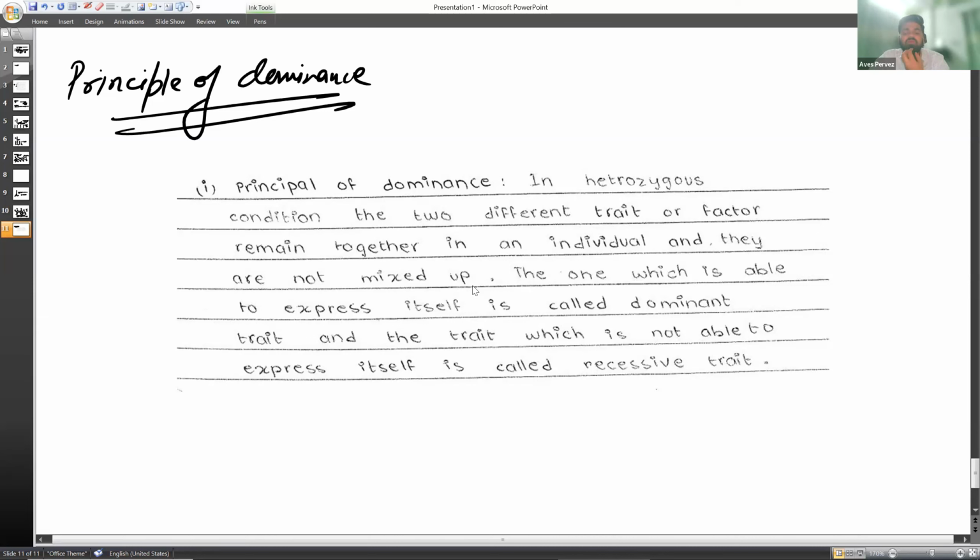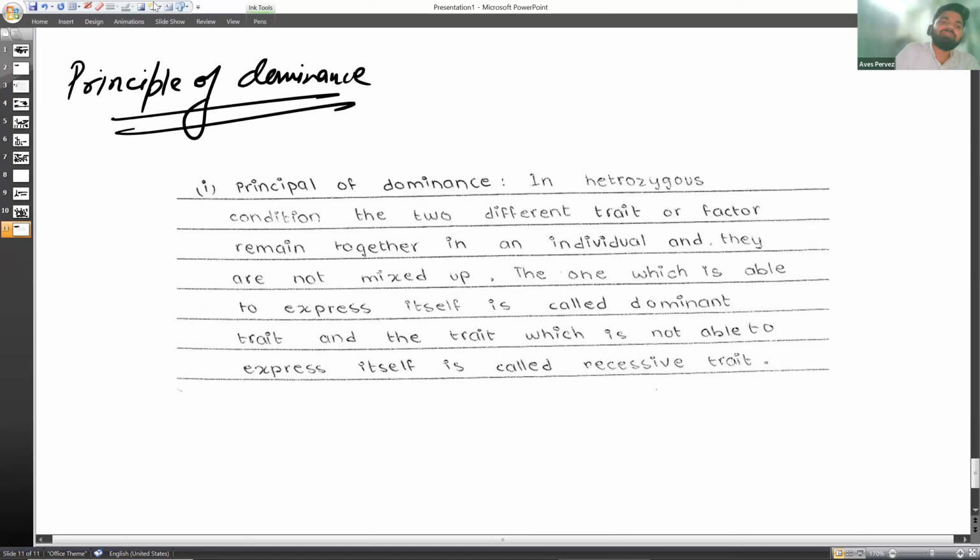We see tall plants; no average plants were there. That's why it says that the one which is able to express itself is called the dominant trait, and the one which is not able to express itself is called the recessive trait.